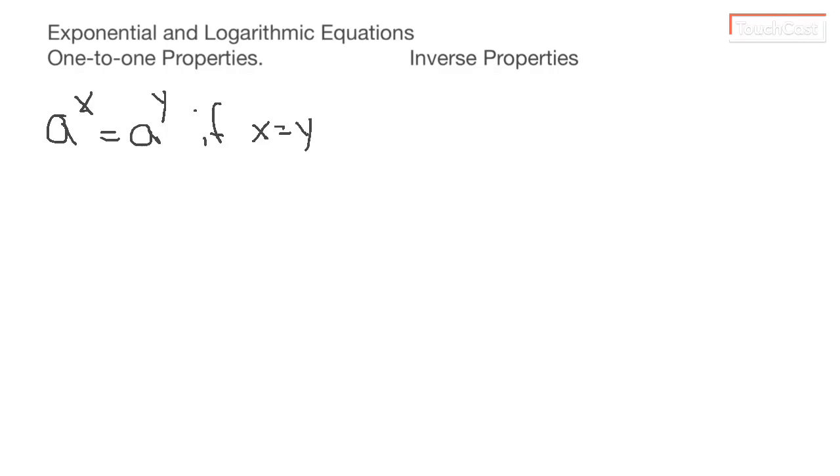And then our one-to-one property for logarithms, we can say the log with base a of x is equal to the log base a of y, again, only if x is equal to y.